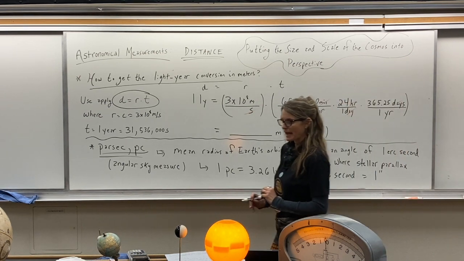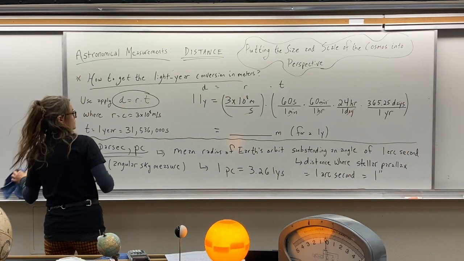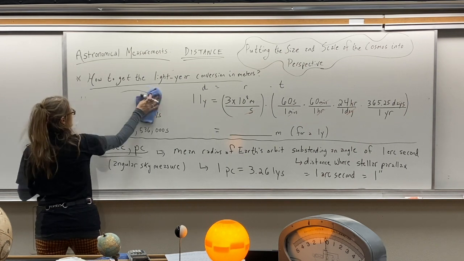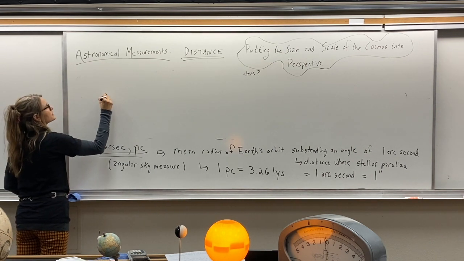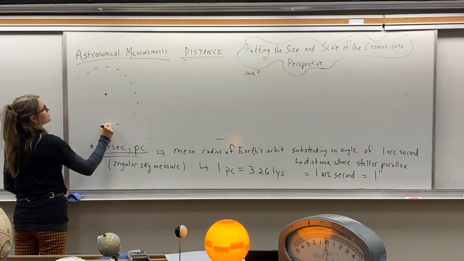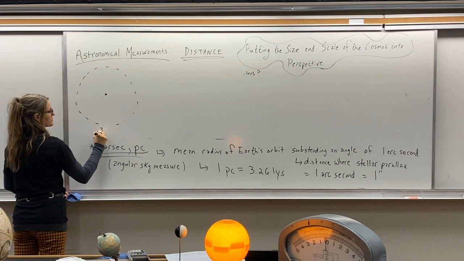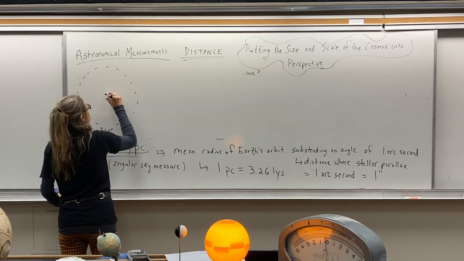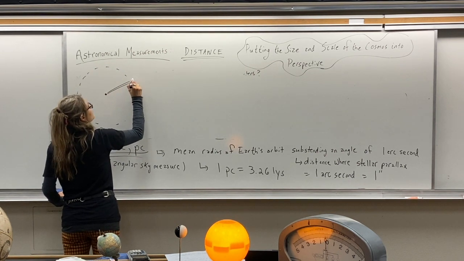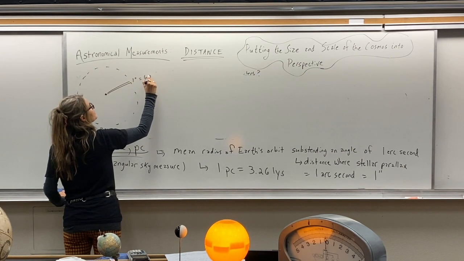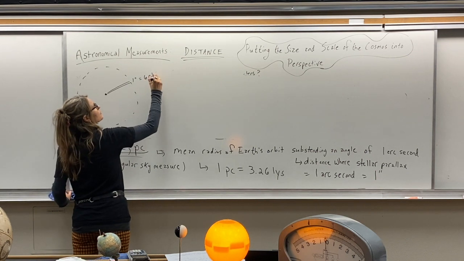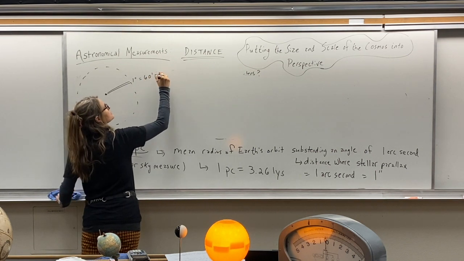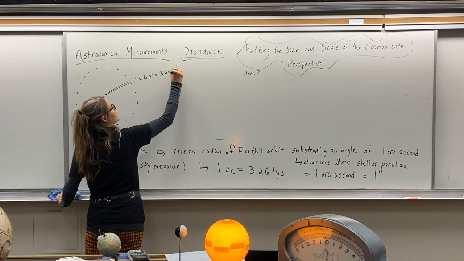Okay, and the angular measures, as stated earlier, are when you take the Earth in the center and you divide up the sky into 360 degrees. Then you take a little slice there of 1 degree, which equals 60 minutes, and that equals another 60 seconds, so that's 3,600 seconds.